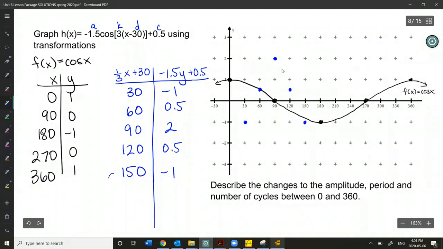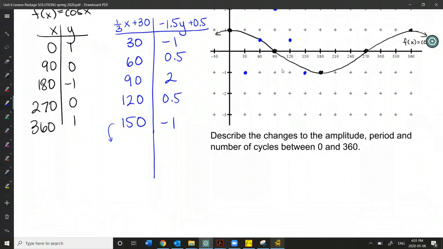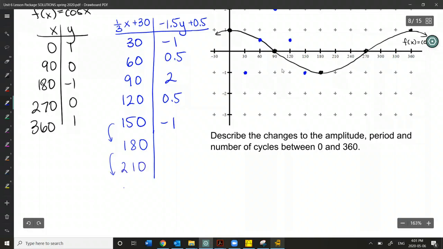Now, if you want to, you can extend your table of values here. You shouldn't really need to once you get the hang of this, but for now, if you wanted to, you could just keep adding 30s in order to extend your graph. So this will be 180, 210, 240, 270, and so on.